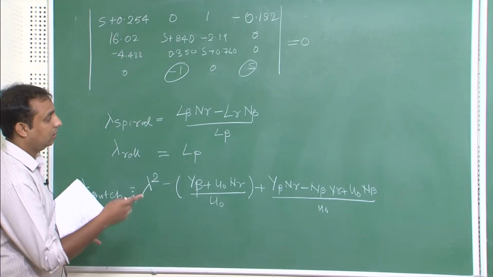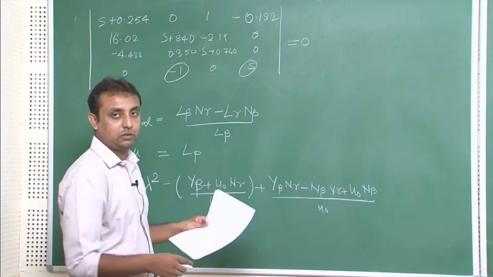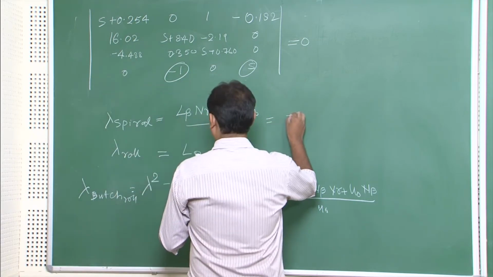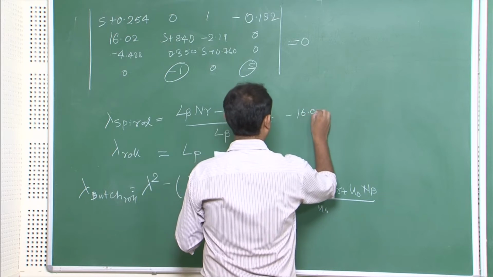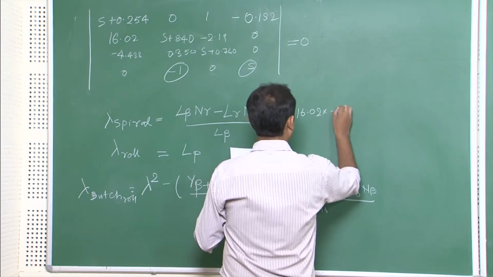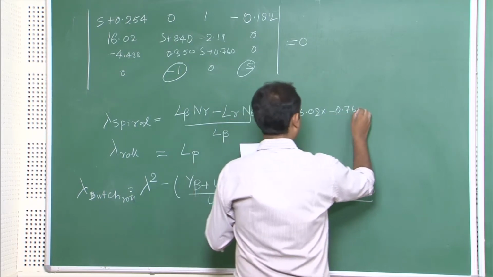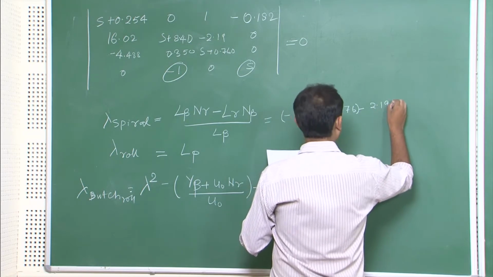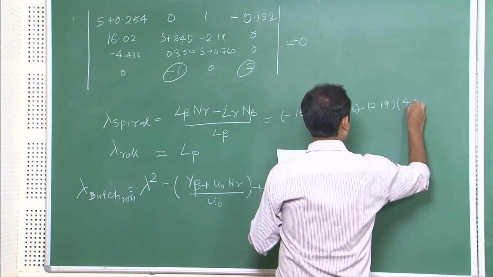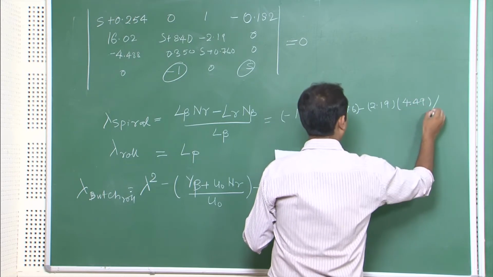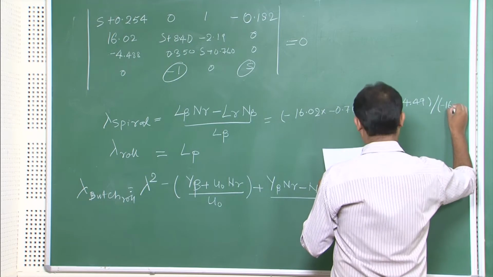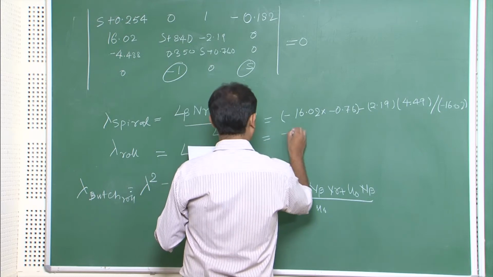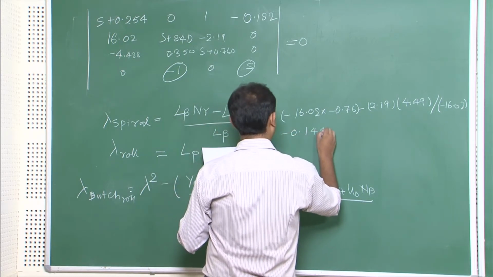Using the derivatives given for this question, the root for the spiral mode will be minus (16.02 into minus 0.76 minus 2.19 into 4.49) divided by minus 16.02, which will be equal to minus 0.144.